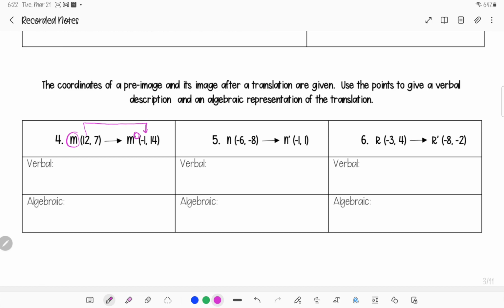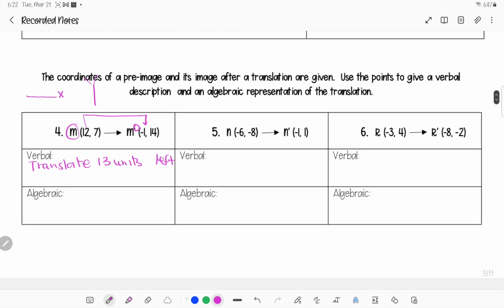Well, knowing that this is my x value, I moved from a positive 12 on my x-axis. So my x-axis goes this way. My y-axis goes this way. So I'd be to 12, which would be to the far right, and I ended at -1, which means I moved to the left. I went from a positive to a negative. That means that I translated 13 units left.